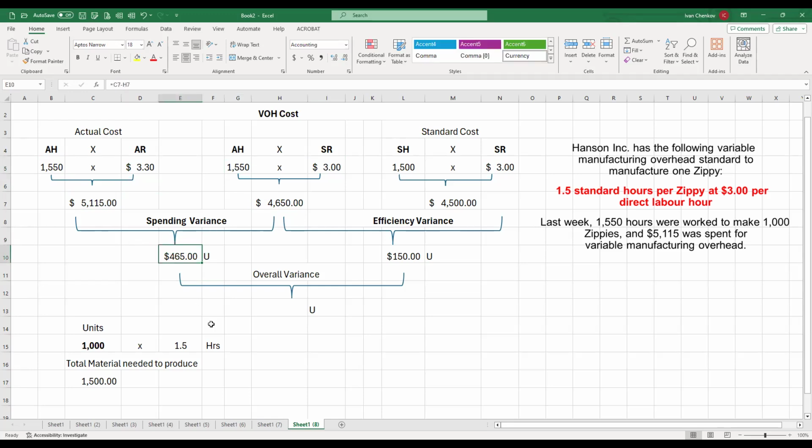That's going to give us a $465 increase. Overall variance here will be $615 unfavorable. Make sense?